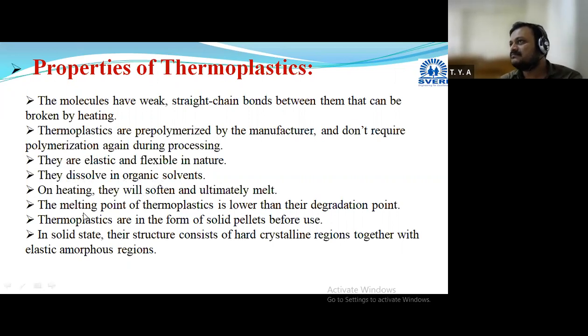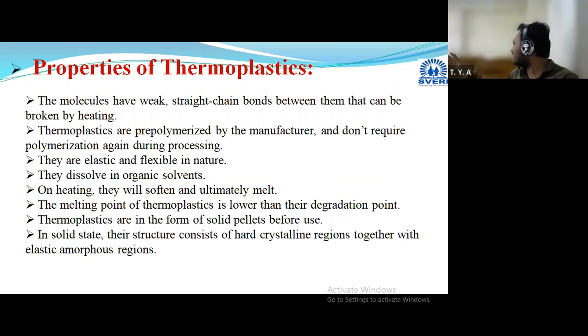Then the melting point of thermoplastic material is lower than their degradation point. Degradation point means at that temperature the plastic material will be completely vaporized. Degradation means complete loss of that plastic material.